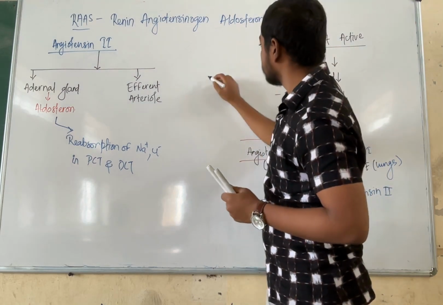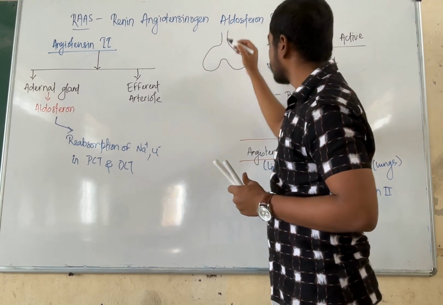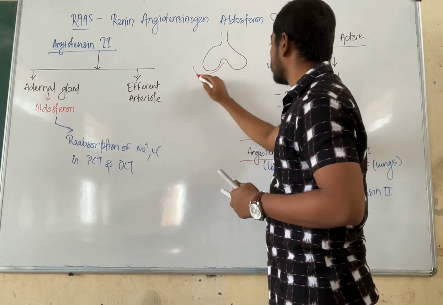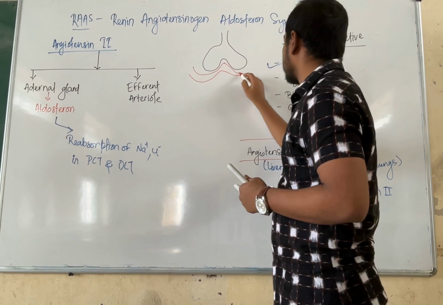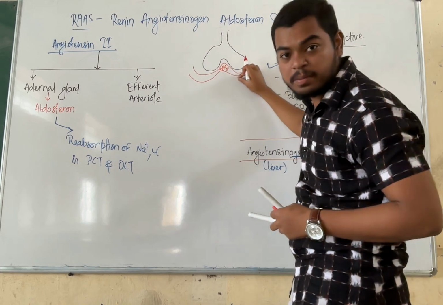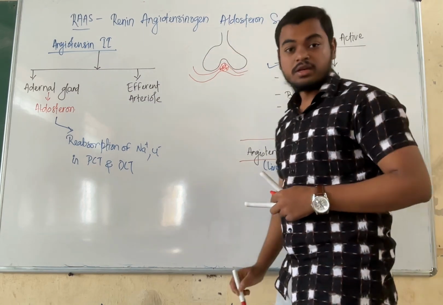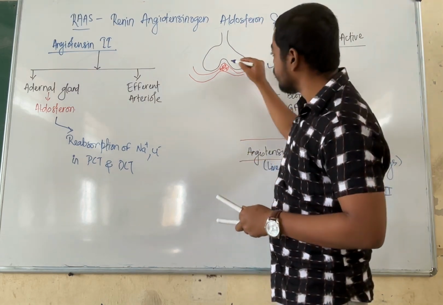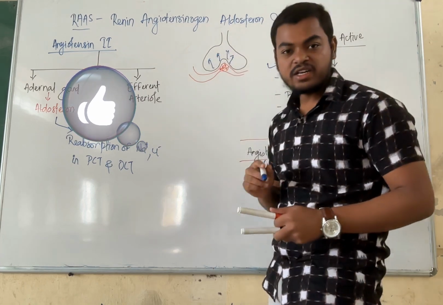Let me draw here. If we narrow the efferent arteriole lumen, more pressure will build up in the glomerulus, so it will lead to more filtration.